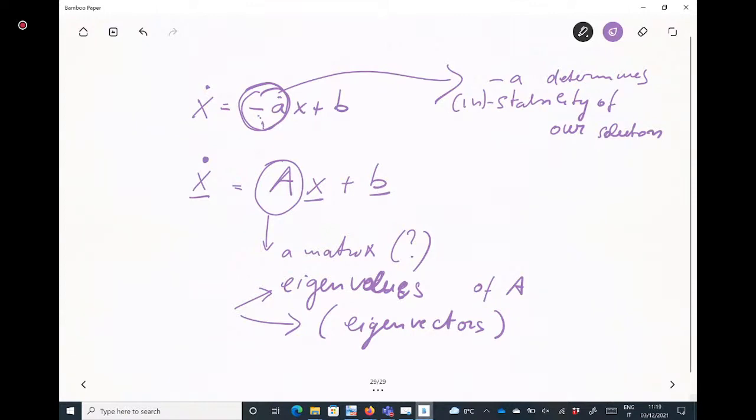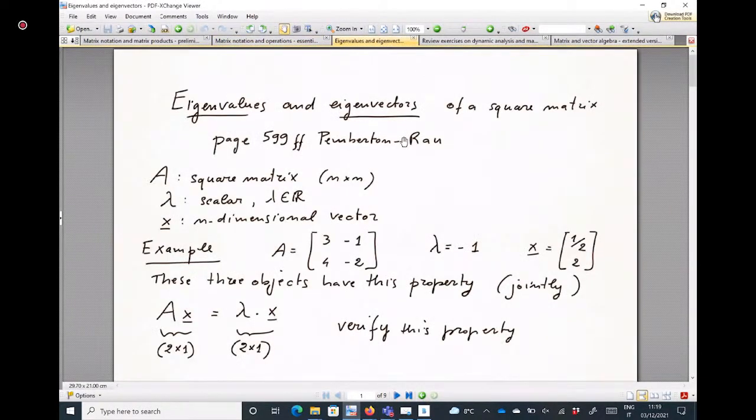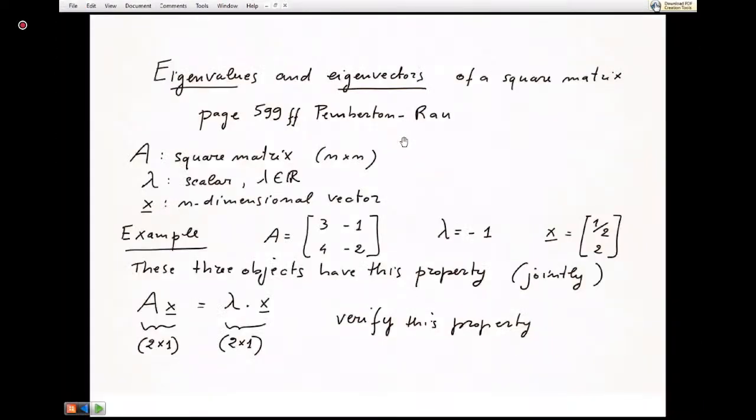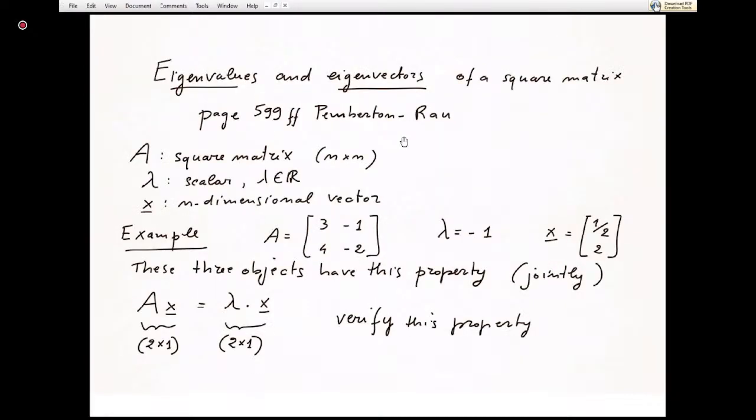What are the eigenvalues of a square matrix? This is a set of slides that I prepared just for this part. It's a very short set of slides. It's the basic things. It is on another textbook, maybe it is among the suggested textbooks, but you don't need to look at the textbook. Just look at the slides.